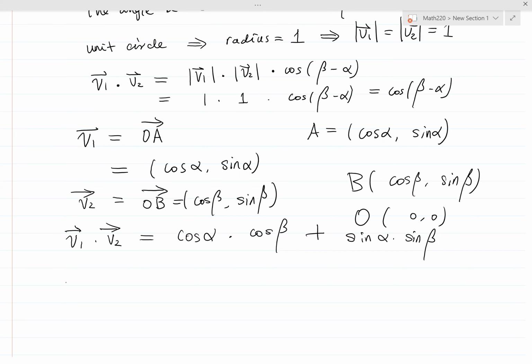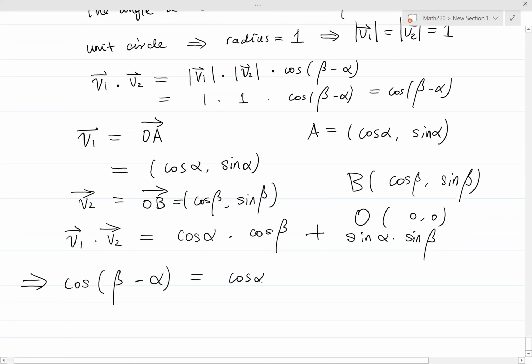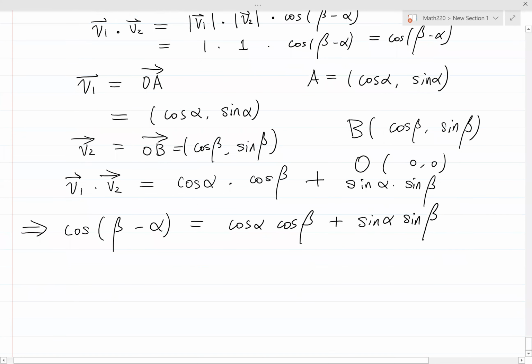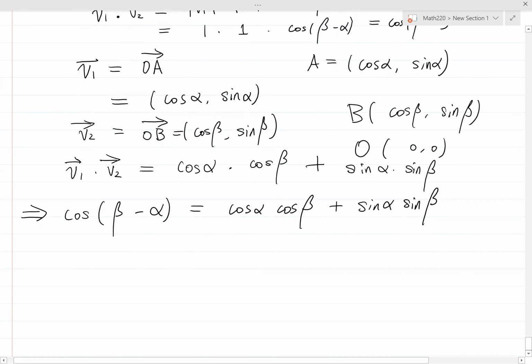This implies cosine of beta minus alpha equals cosine alpha cosine beta plus sine alpha sine beta. Now, if you replace alpha by negative alpha, we get the addition formula.